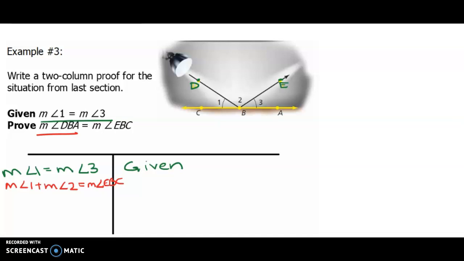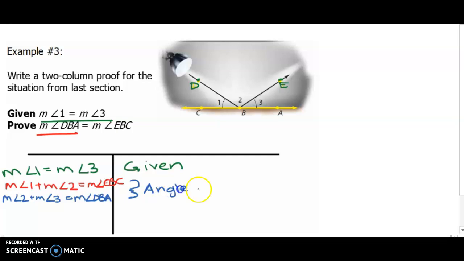And likewise, I can also tell you that the measure of angle 2 plus the measure of angle 3 equals what angle? Measure of angle DBA. And both of these are true because of the angle addition postulate.